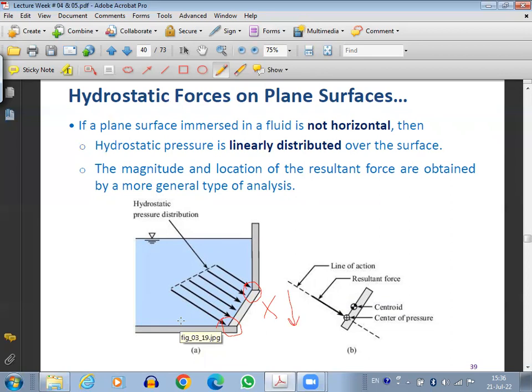We discussed in the last lecture that as we move down in a fluid, the pressure increases, and the more we move up, the pressure decreases. So it will be linearly distributed, not uniformly distributed. Is this point clear?